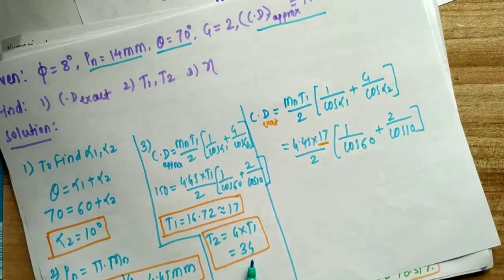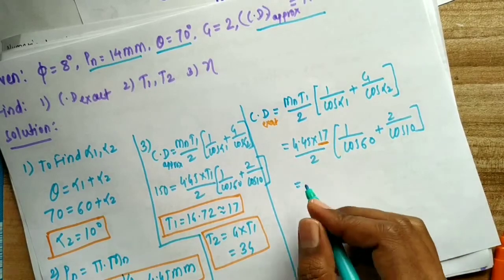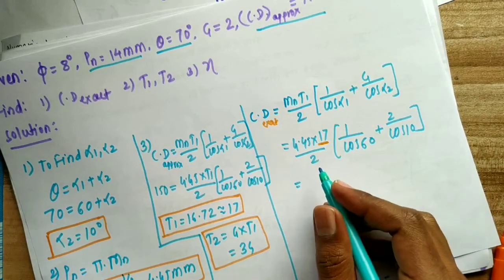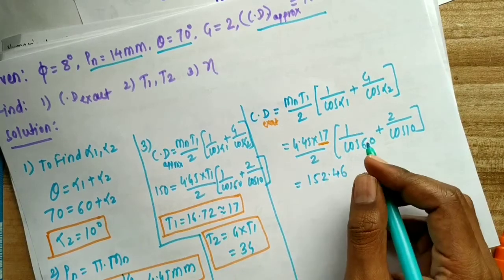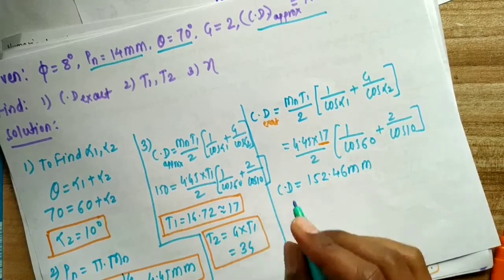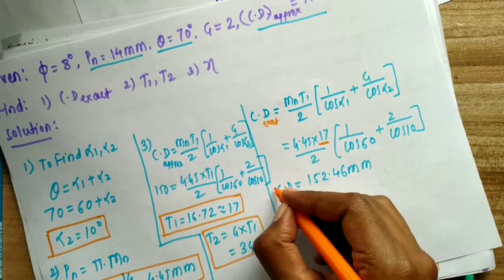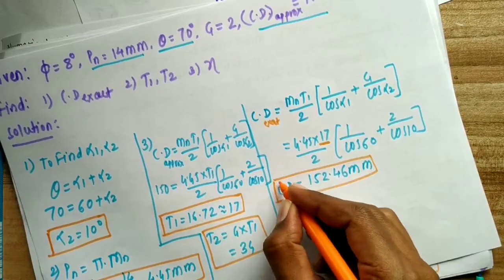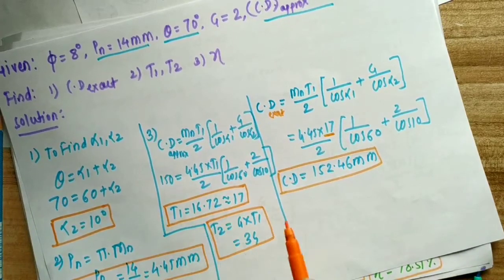Hence the central distance we are getting now is the exact central distance, and its value is 152.46. You can check that there is a change in the central distance between approximate and exact. Approximate was 150, but now exact is 152.46. It is because I put the value of the exact, actual teeth.